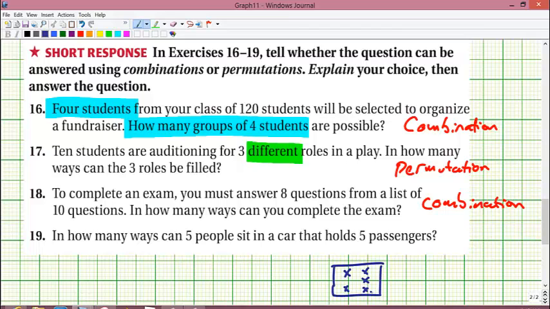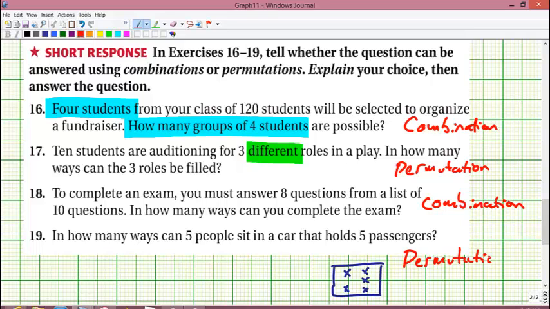The driver, for example, is an important position. There's 5 different ways that you could have a driver, and then the front seat and everything else. So I think here the order is important, or the position that people sit in the car is significant. It's certainly different. So I think here this is also a permutation.